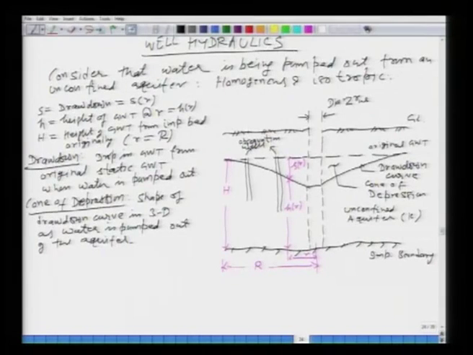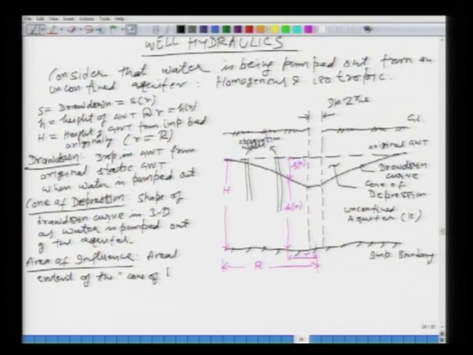Okay. The next concept is what is called the area of influence. As the name suggests, it is the areal extent of the cone of depression. Okay.